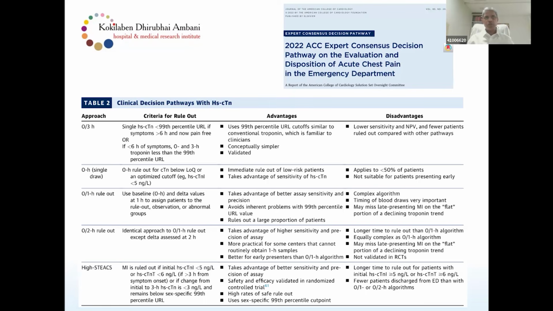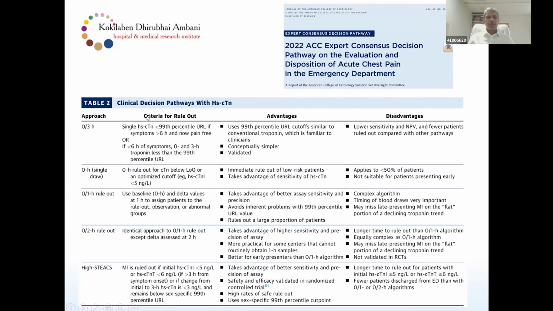This is a 2022 ACC expert consensus decision, which gives all the protocols, and you can see this is the 0 to 3 hour, the 0 hour single draw, the 0 1 hour rule out, the 0 2 hour rule out, and the high STACS protocol. So you can see clearly that these are all criteria for rule out of ACS.